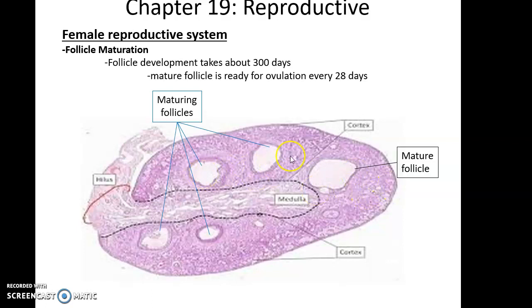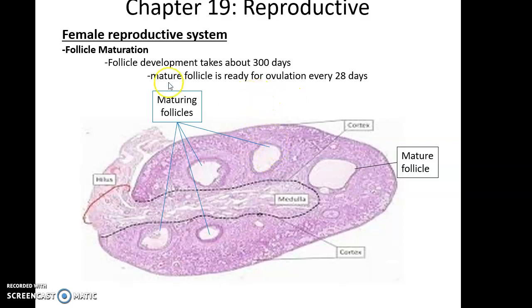Here you can see normally within a female's ovary, there are multiple mature follicles at various levels of development. Turns out it actually takes about 300 days for a primordial follicle to become a mature follicle ready for ovulation. So there are some queued up within the ovaries.